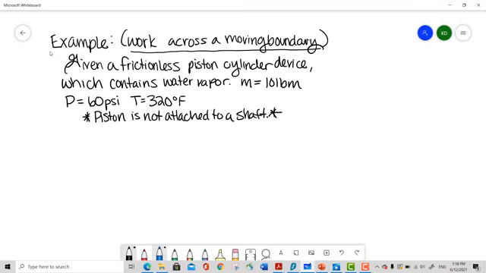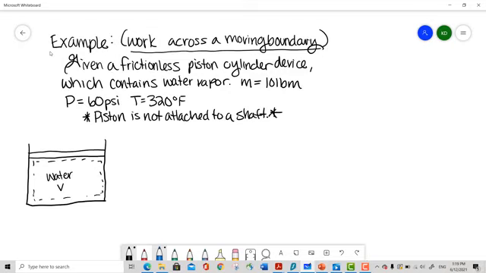So let's draw it. Right here, it's not attached to a shaft. It's right there. Here's our system. This is water vapor. And it has a temperature, so we know that we have some heat down here.